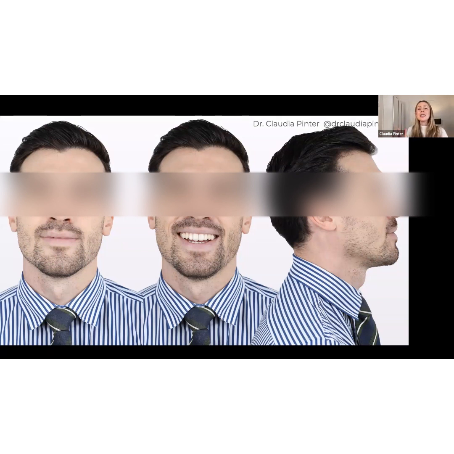What you will often see in the simulation, and look out for that, when the technicians plan it and you want to solve a deep bite of, let's say, 4 millimeters, they will intrude uppers for 2 millimeters and lowers for 2 millimeters to dissipate the intrusion in both jaws. But this will flatten the smile arc if you intrude upper incisors. This is why we need to focus on lower incisor intrusion. This is why the attachments on lower premolars and molars are so important.